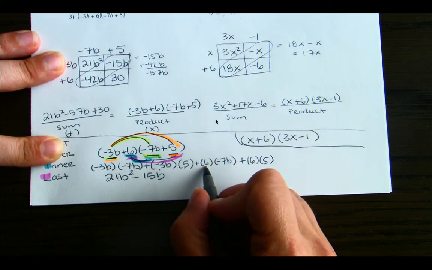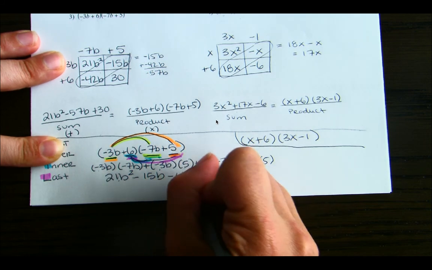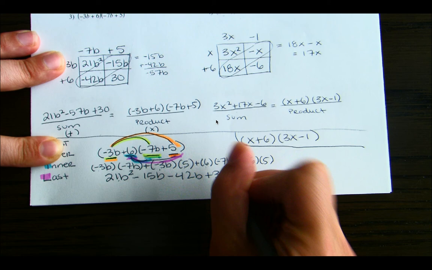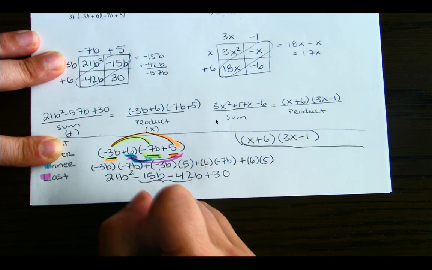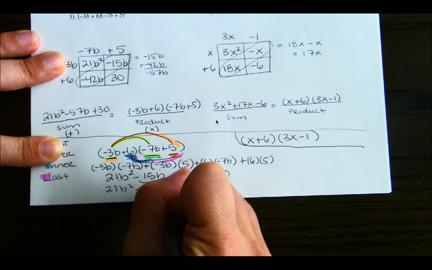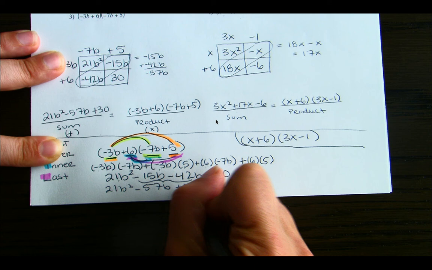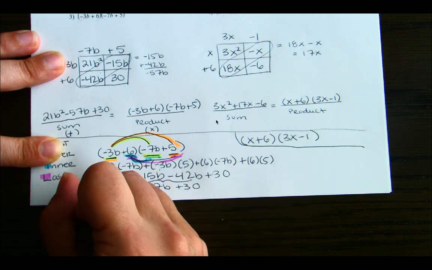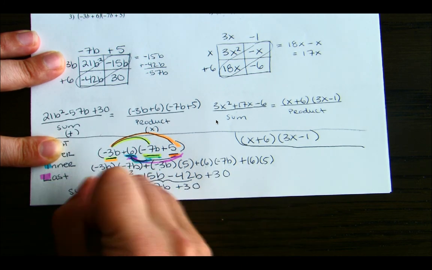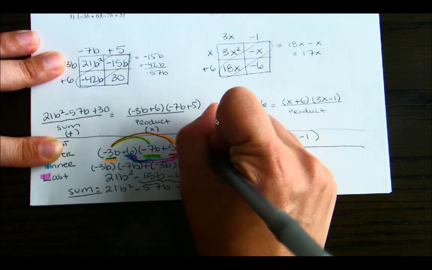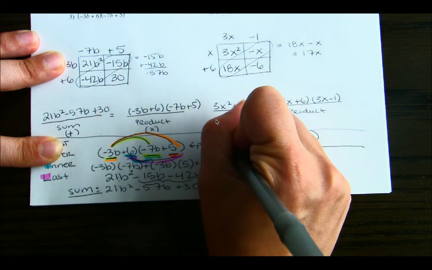And then this part right here is -42b, and this right here is plus 30. So when I combine my like terms, I get 21b squared minus 57b plus 30, similar to what we had above. And again, this is our sum, and this right here is our product.